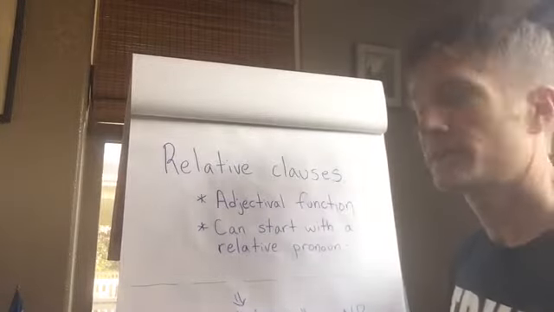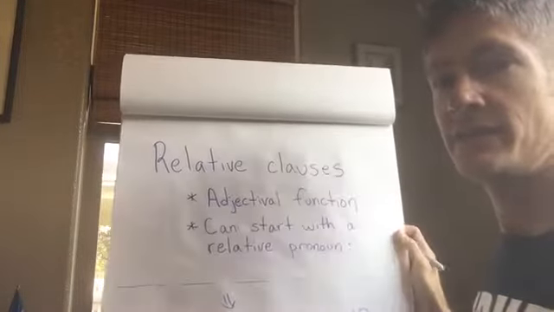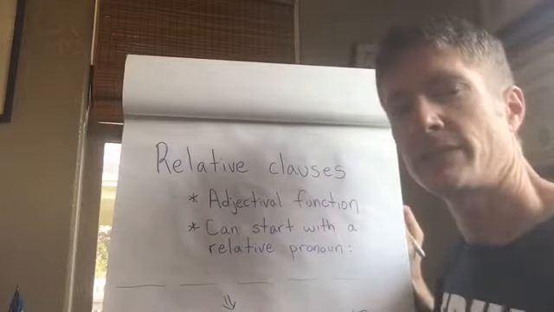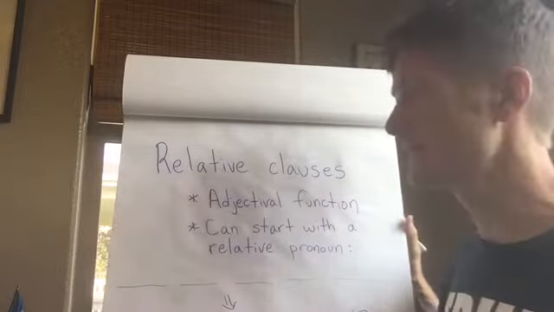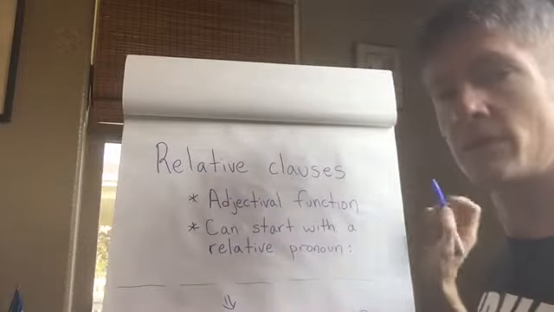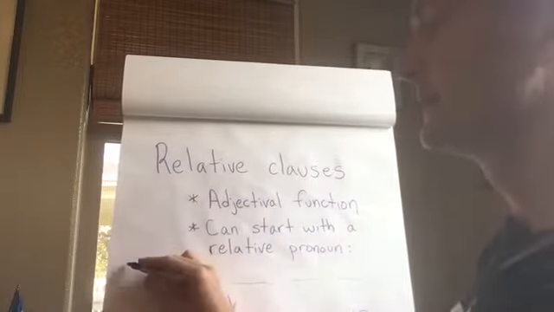So relative clauses, they have an adjectival function. They function like adjectives. They tell you more information about a noun. They modify a noun phrase. They can all start with a relative pronoun.